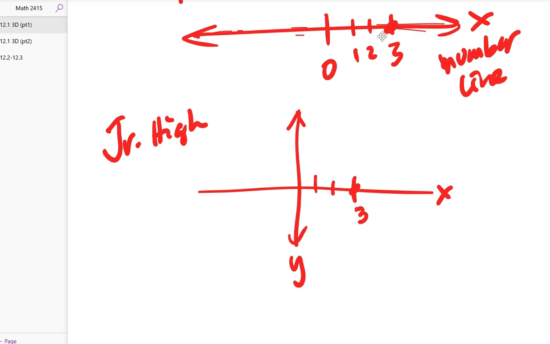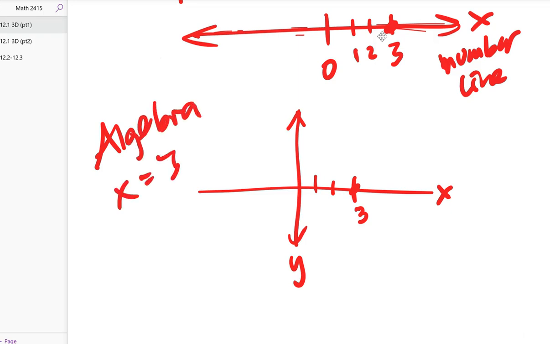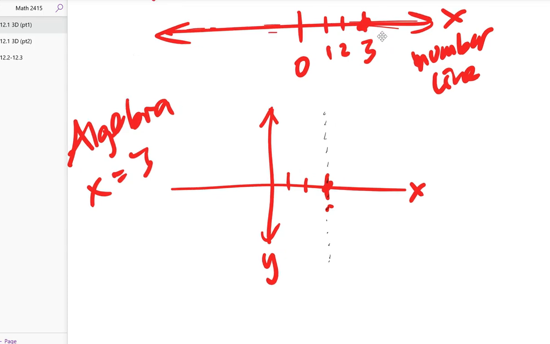Now, when you dealt with this stuff in junior high, when you started doing algebra or geometry, whichever, they said x equals 3. Well, x equals 3 is the line. Let me do a different color. X equals 3 is the line. This is 3.